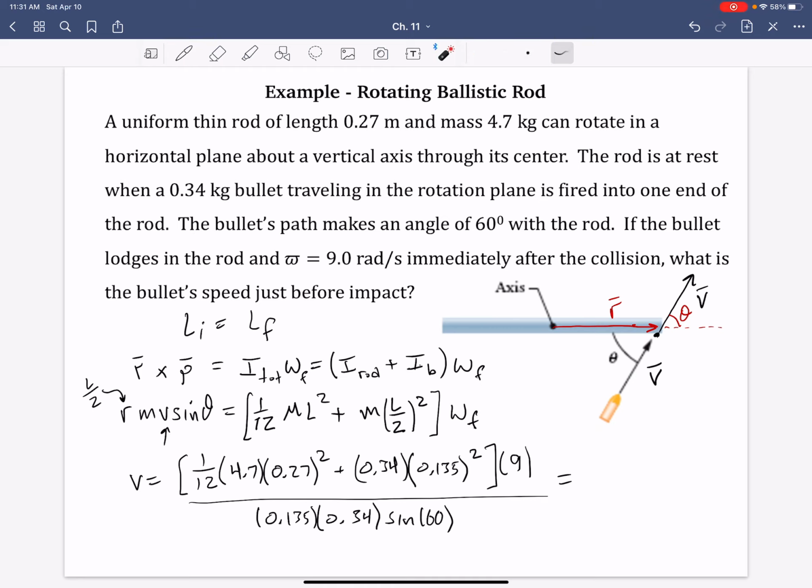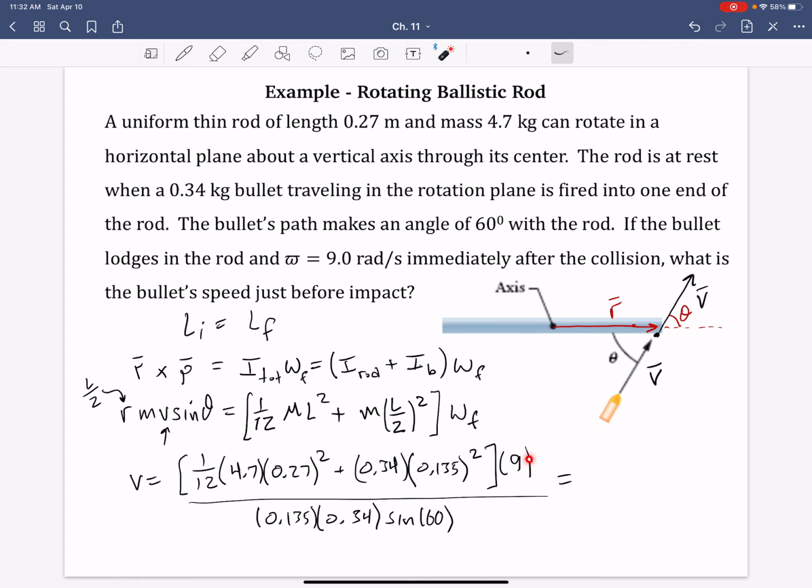So everything is in SI units. Notice the omega here has to be in radians per second because we're solving for a speed that's in meters per second. In a previous example, I had omega in revolutions per second, and I left it in those units. That's because I was solving for another omega, and it ended up in units of revolutions per second, so it worked out.